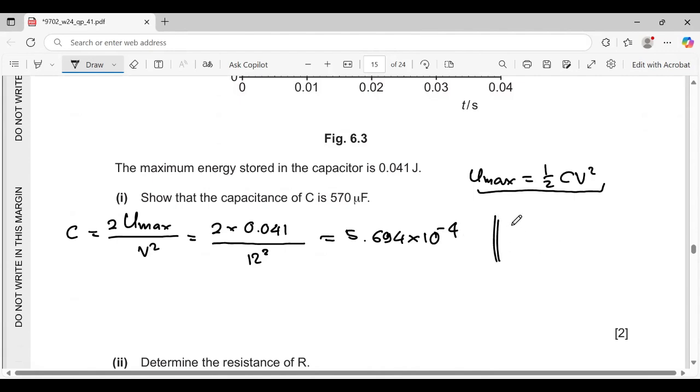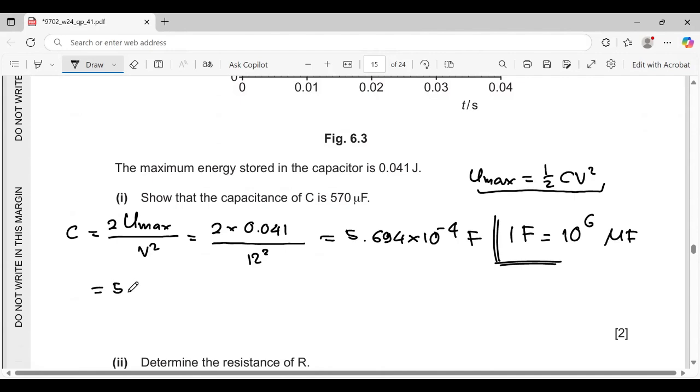Recall that 1 farad equals 10 to the power 6 mu farad. So I would like to convert; this is in farad, the unit, and I would like to convert into mu farad.